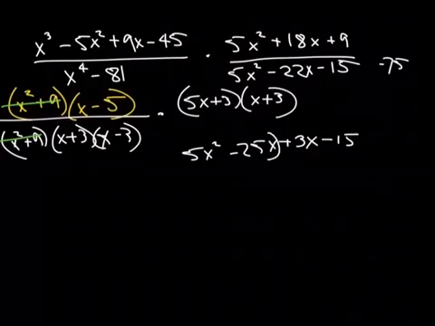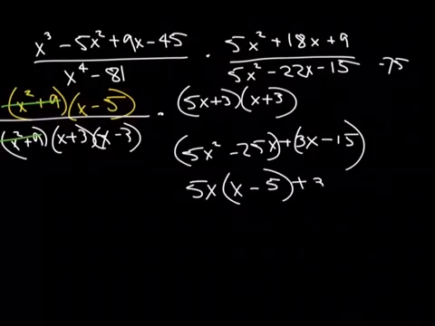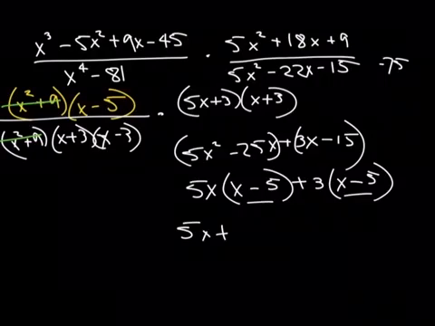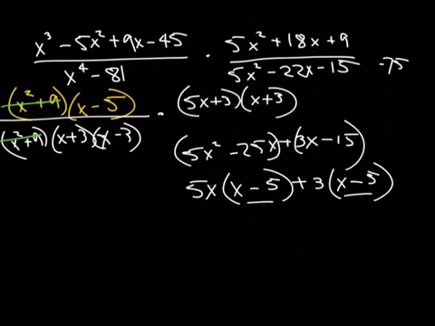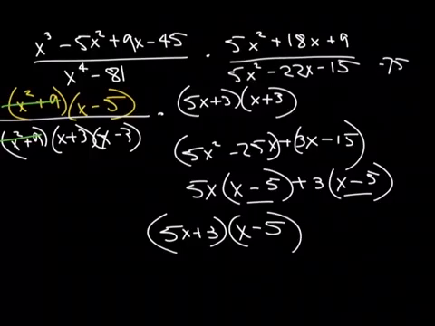Okay. Group 5x, leaving me x minus 5. That's the same as that. So I get 5x plus 3, x minus 5. And we'll keep going with 7.2c.